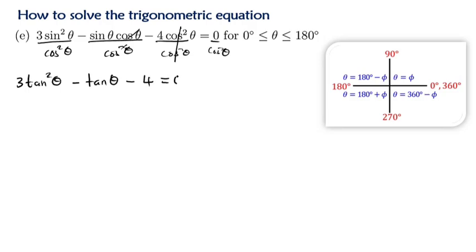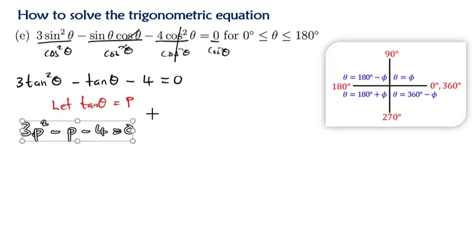And this is equals to 0. So what we actually form here is a quadratic equation. Let tan be equals to p. This means that 3p squared minus p minus 4 is equals to 0.